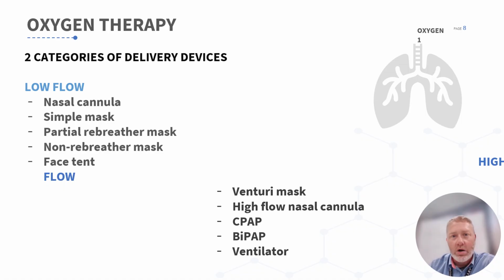So when we talk about oxygen therapy, the devices that we have at our disposal are largely divided into low flow and high flow devices. What that means is everybody has an inspiratory capacity, or an amount of flow that they use with each breath.